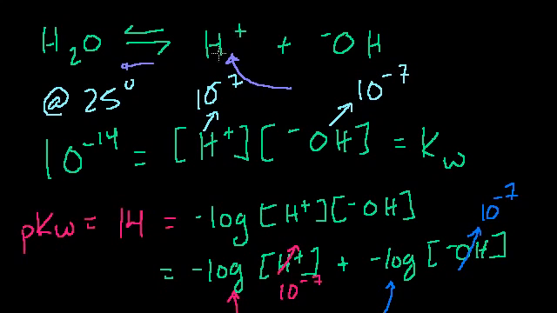But remember, water by itself only had a 10 to the minus 7 concentration. That's 1/10,000,000th of a mole per liter. Now we're throwing in one. What is that? We're throwing in 10 to the 7th. We're throwing in 10 million times as much hydrogen ions into that water. So all of this stuff just gets consumed.